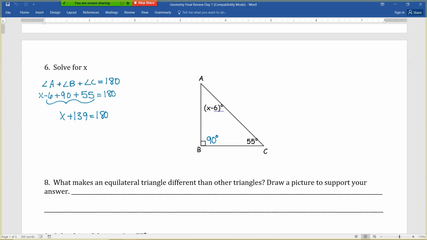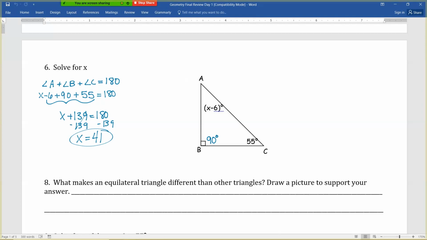Subtract 139 from both sides. And x equals 41. That's all I was asked to do. So that is my final answer. Questions on number 6?